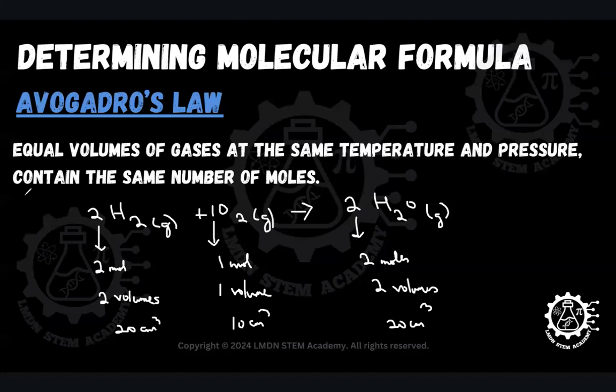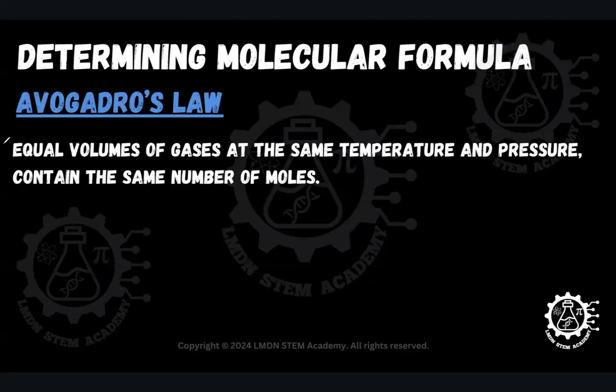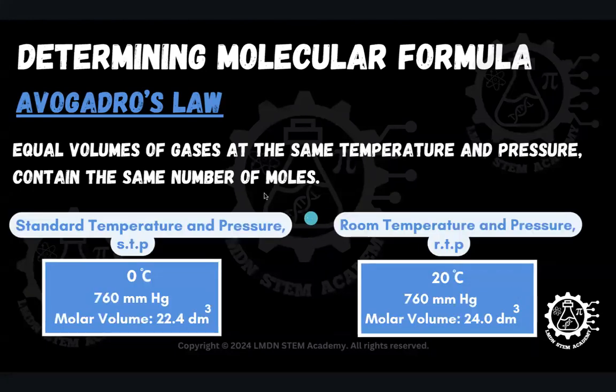Now, there's one more thing I want to touch on regarding Avogadro's law. So let's clear this and move on to that piece. As it relates to Avogadro's law, we can talk about there being a standard temperature and pressure known as STP, and we can also talk about room temperature and pressure known as RTP.